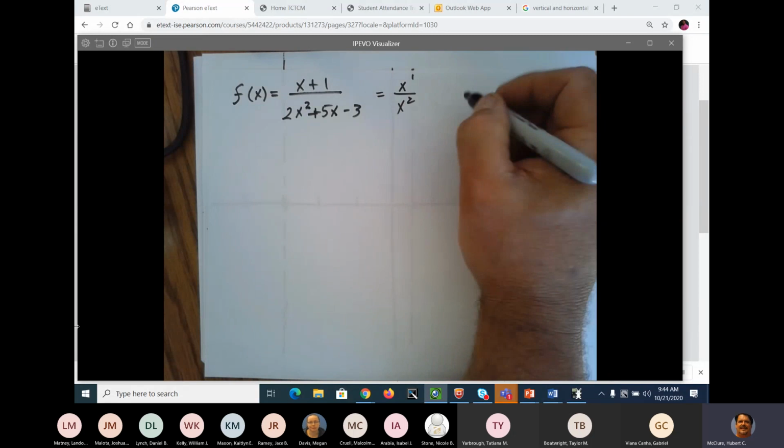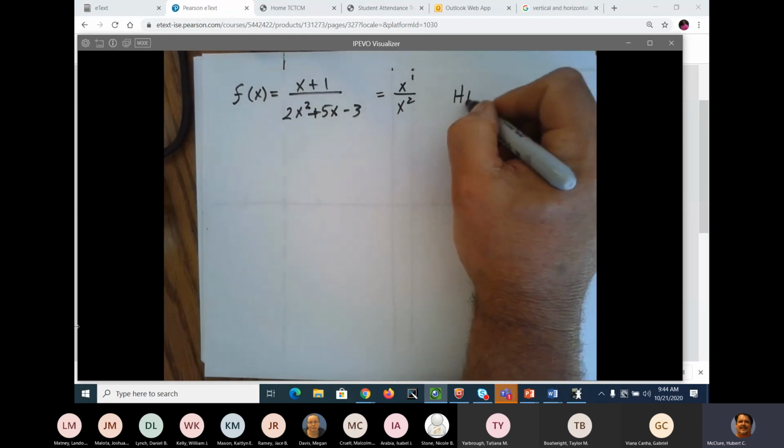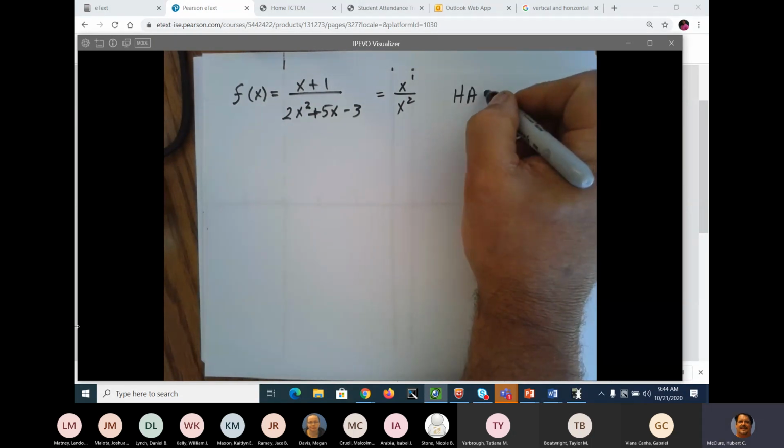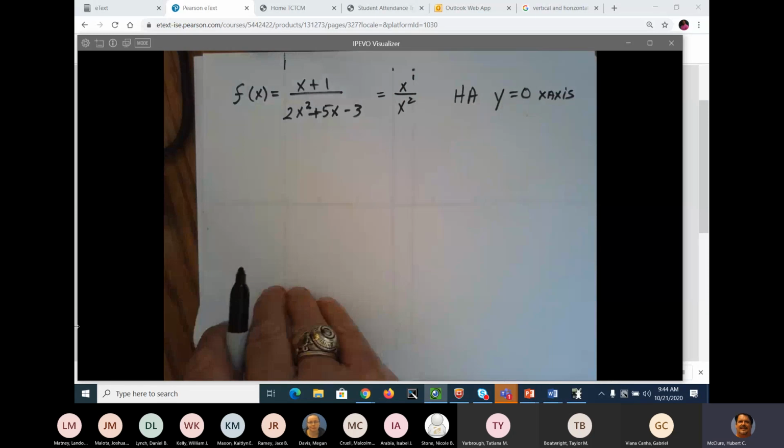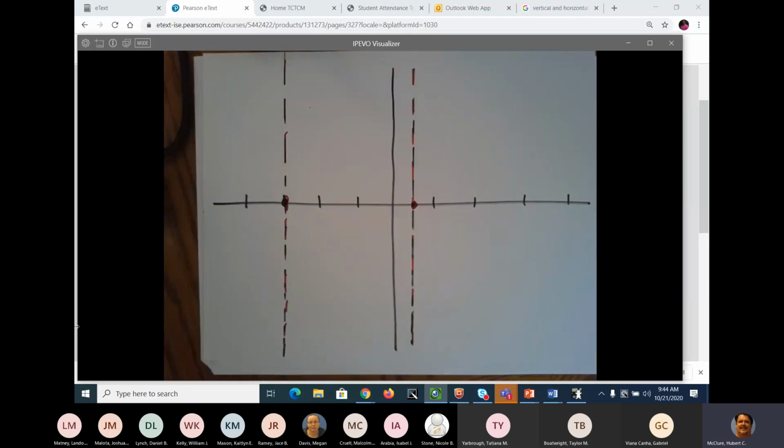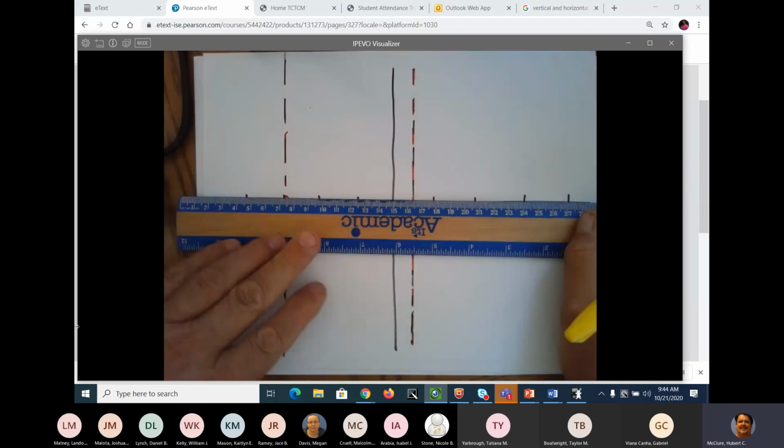So therefore, my horizontal asymptote is y equal to 0, which is the x-axis. So now I'm going to take my handy-dandy yellow marker, and I'm going to mark the x-axis dashed, meaning that my function cannot touch it either.